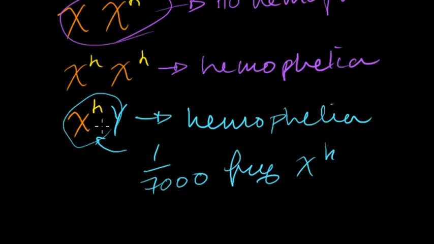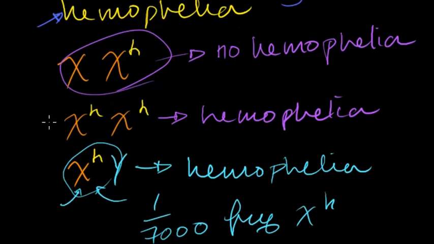And that's why 1 in 7,000 men display it, because it's completely determined by whether there's a 1 in 7,000 chance that the X chromosome they get is the hemophilia version. Who cares what Y chromosome they get, because that essentially doesn't code at all for the blood clotting factors and all of the things that drive hemophilia. Now, for a woman to get hemophilia, she has to have two X chromosomes with the mutation.